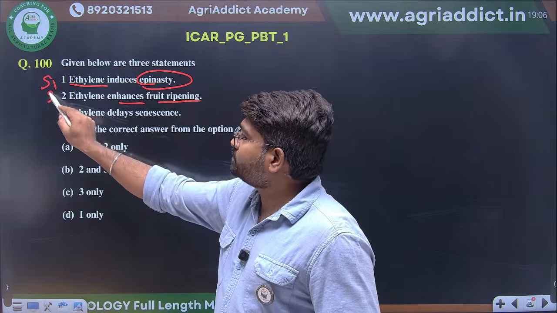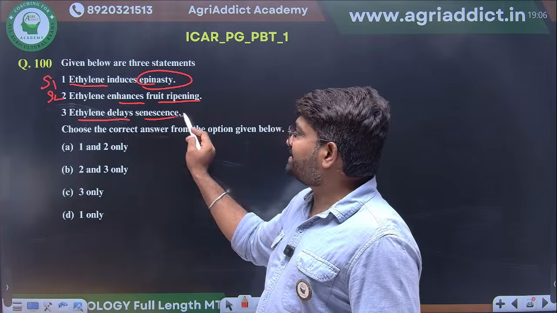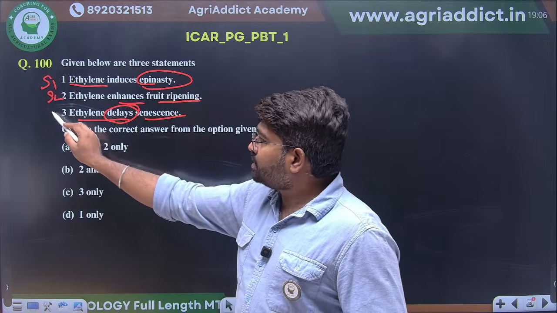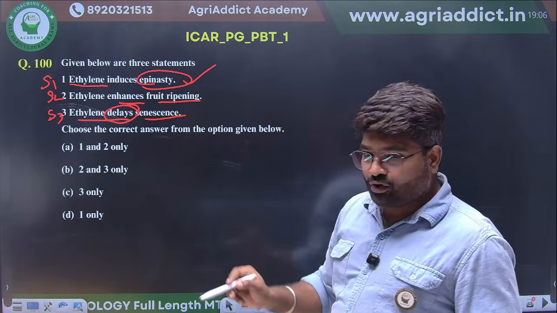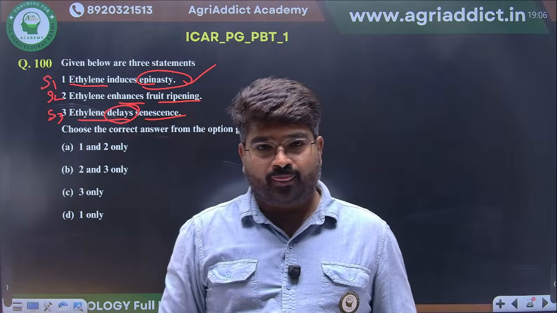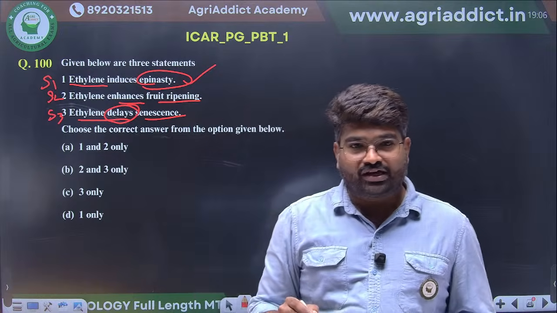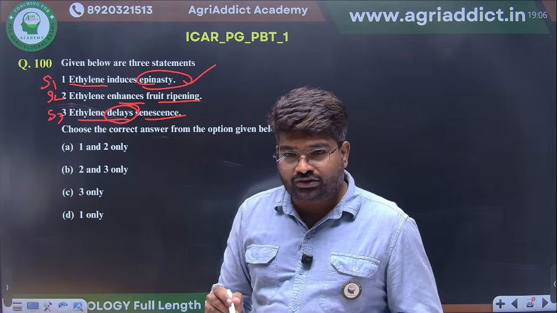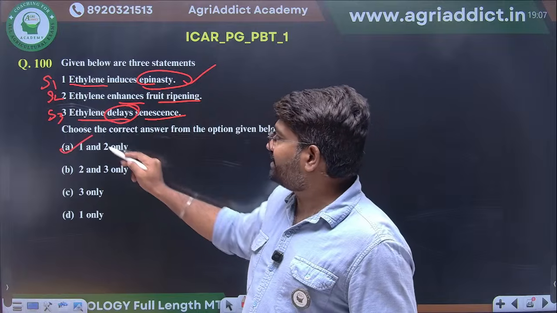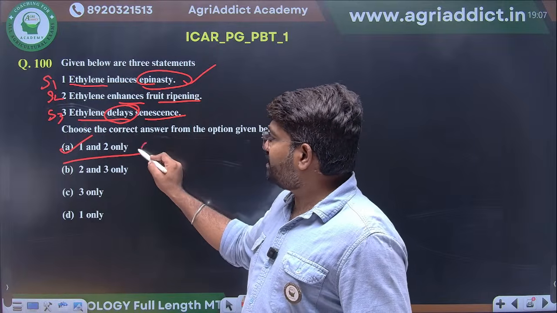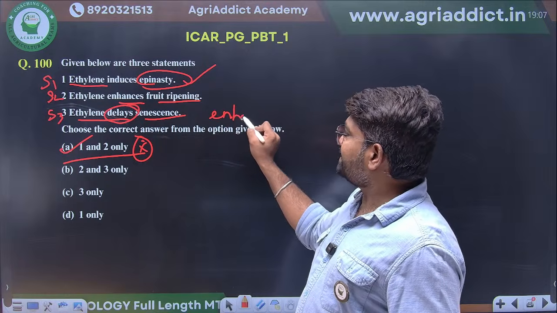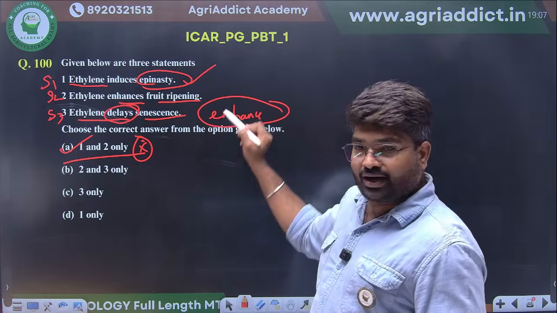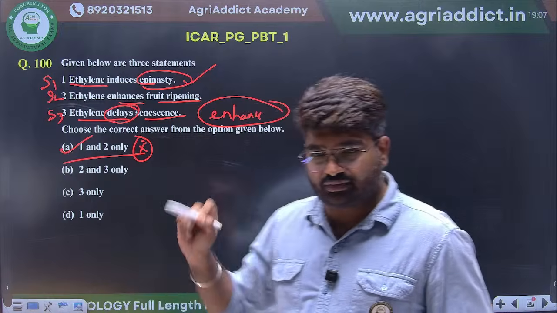Third is ethylene delays senescence. What will be the correct answer, students? While taking our lecture, someone asked what is meant by epinasty. I still remember. Yeah. 1 and 2 are correct. 1 and 2 is the correct option. Ethylene will enhance senescence. So 1 and 2 will be the right answer. Yes, Tejaswini, correct answer.